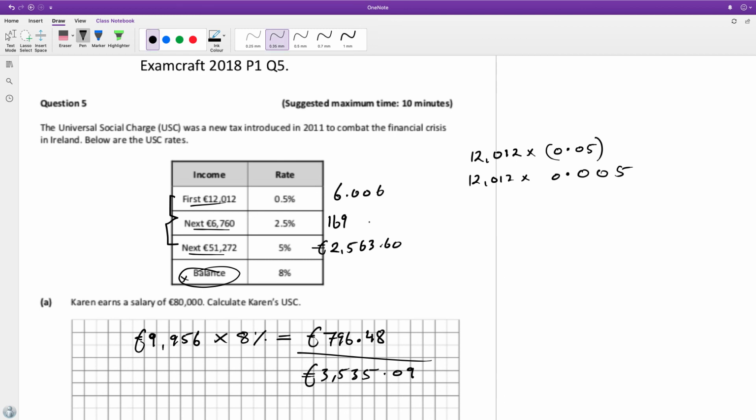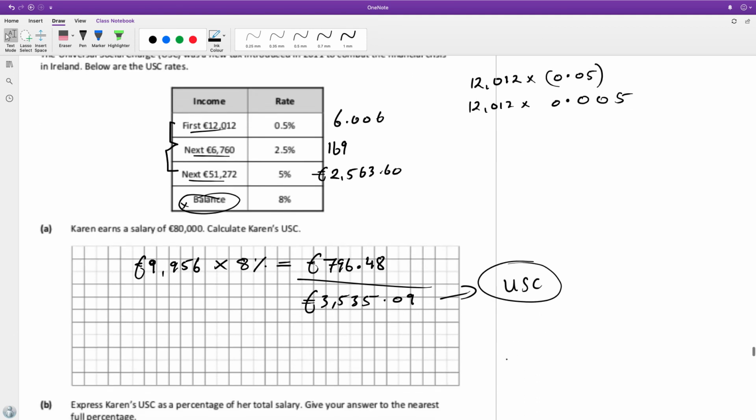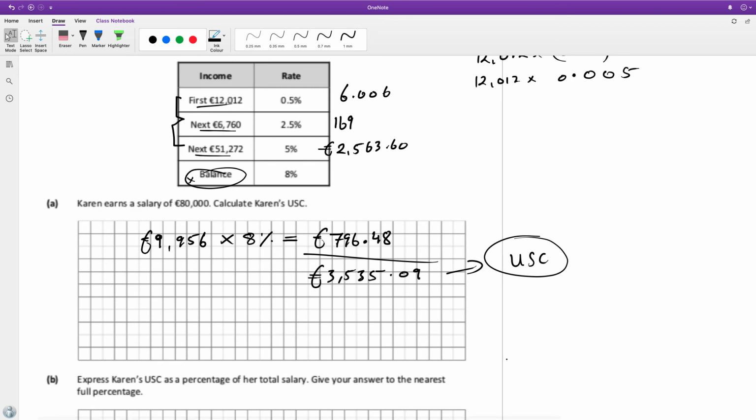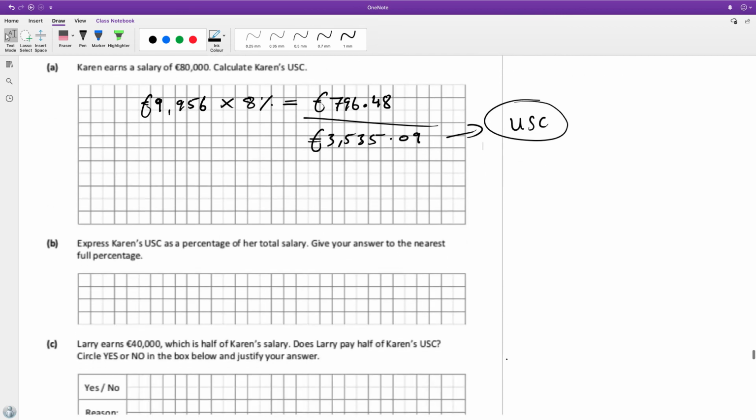Now you add them all up here for our time. That's our total USC. Right, have a go at part B.